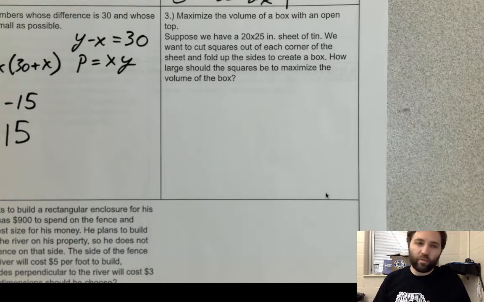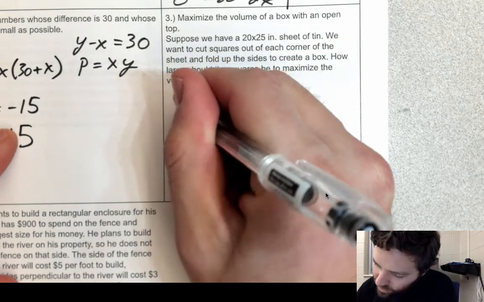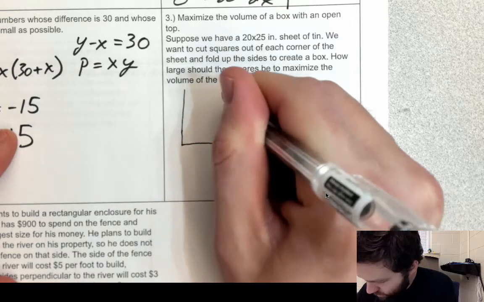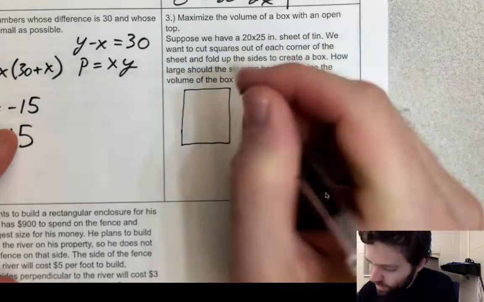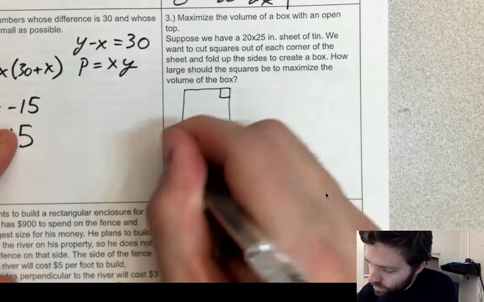This is a situation where we really want to get a good sketch of what's going on and use that to analyze the problem. Okay, so we have a rectangular sheet of tin. I'm going to use my finer tip pen here just so you can make sure I get everything in here neatly. All right, and we're going to cut the corners out of the rectangle.